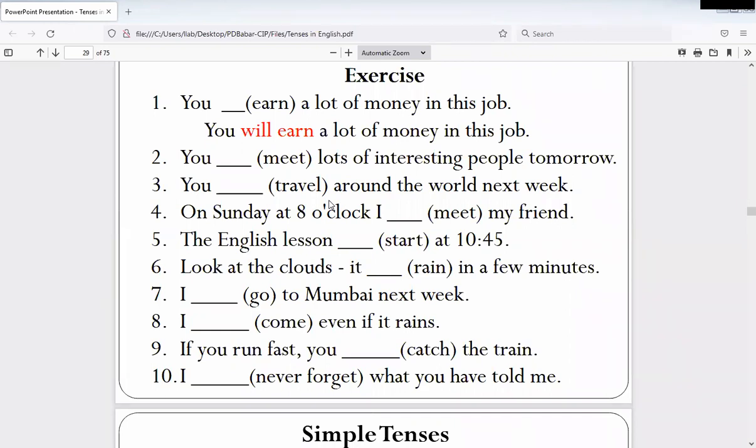You will travel around the world next week. This is the simple sentence. Then the fourth example is: on Sunday at 8 o'clock, I in bracket meet my friend.